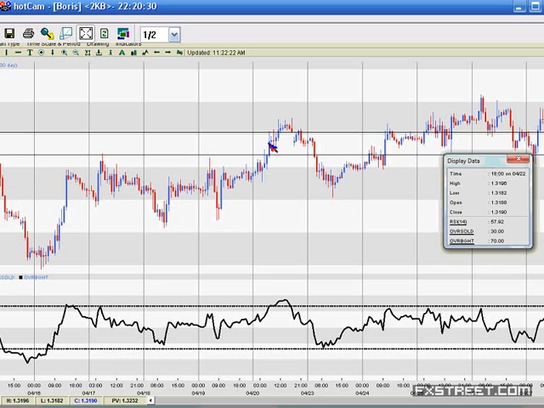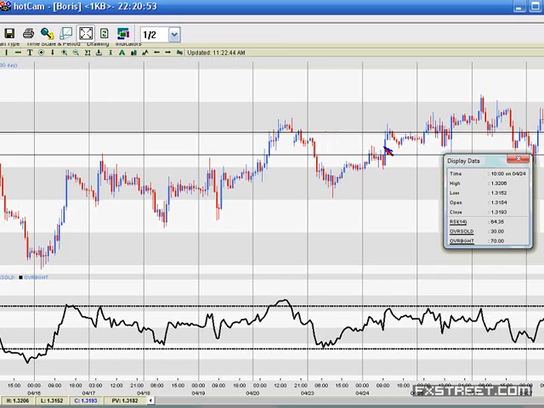Still, I think a valid entry, and you still would have been able to squeeze out an additional 30 points. But the key thing with the RSI setup is that you always want to squeeze out the early 30 points. You always want to be as early as possible into the momentum move. So in this particular case, very nice, very smooth, very easy trade right up into a 30-point profit.